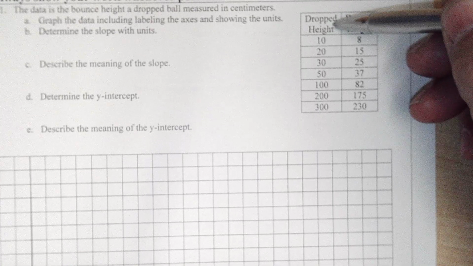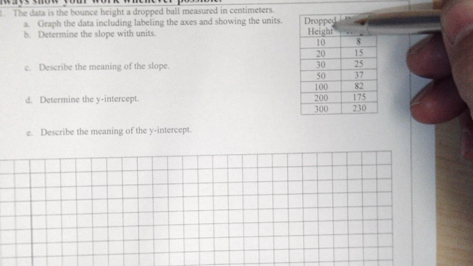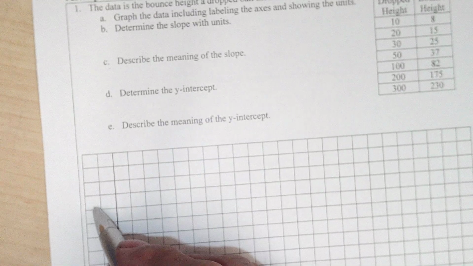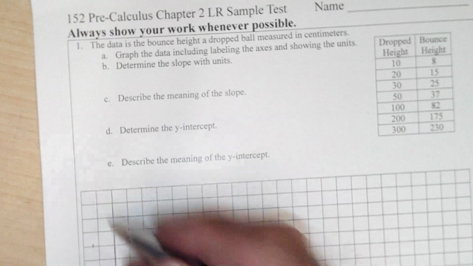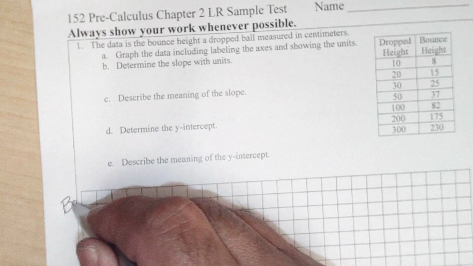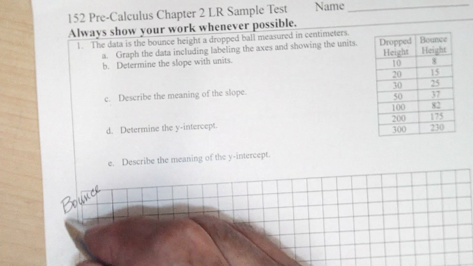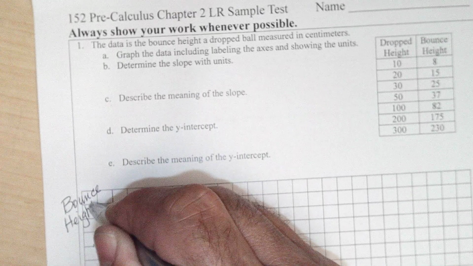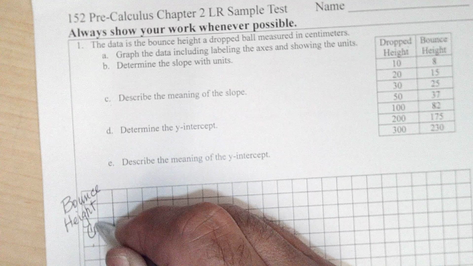And that's measured in centimeters. So I got labeled and units. This way I need to label it, and this is the bounce height. This happens to be also in centimeters.